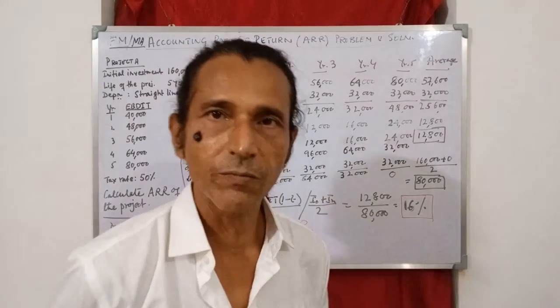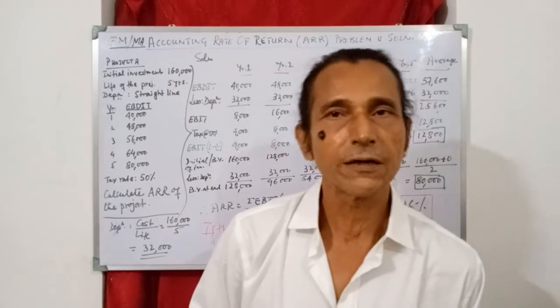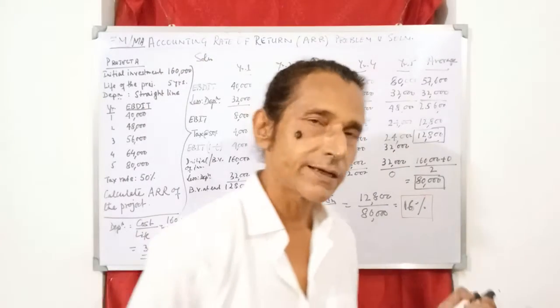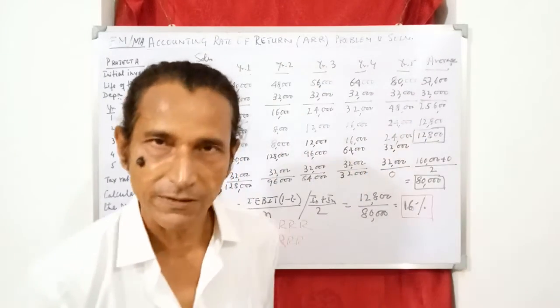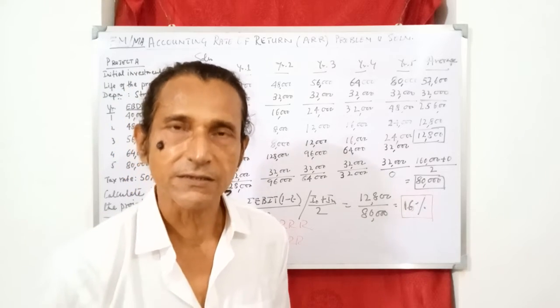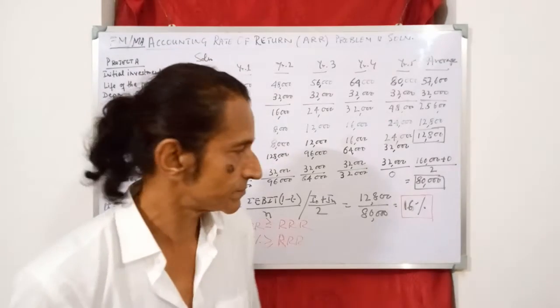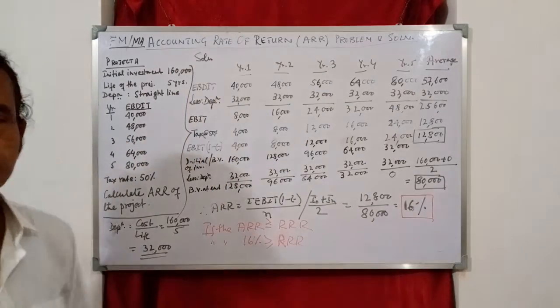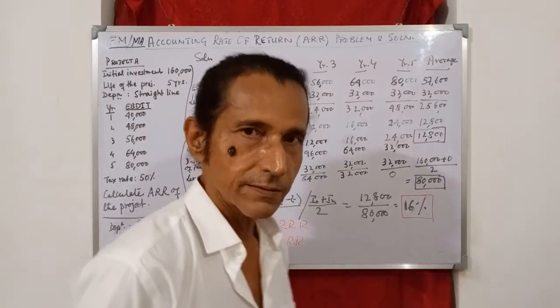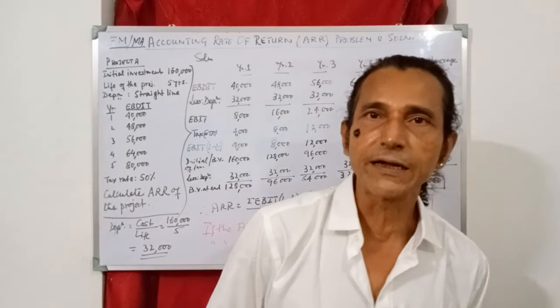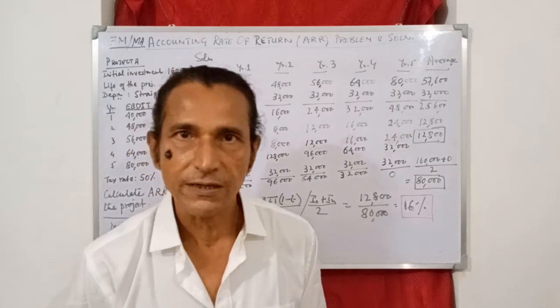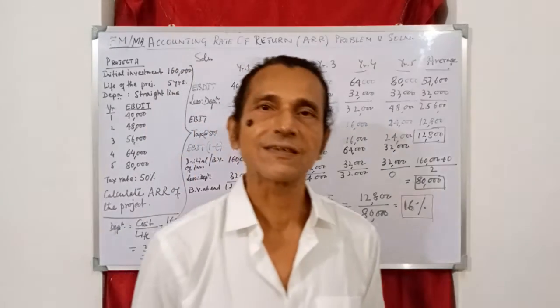Say for example, the firm has the required rate of return of 15%, say, or 15.5%. In that case also the project will be accepted, considering the risks involved in this project. So this is all about ARR. ARR is a technique of capital budgeting or project evaluation that falls under non-discounted cash flow category.